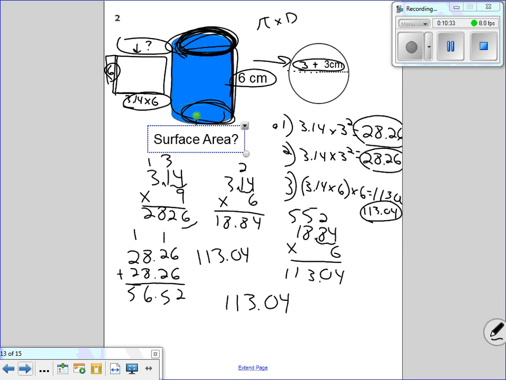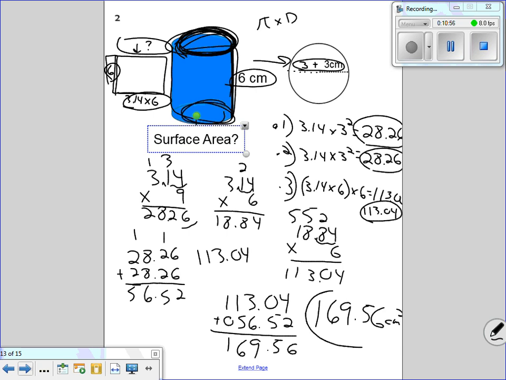Since I added these two together, I'm going to add it to this one now. Line up the decimals. 6, 5, 9, 6, 1. 169.56 centimeters squared is my surface area of that cylinder.